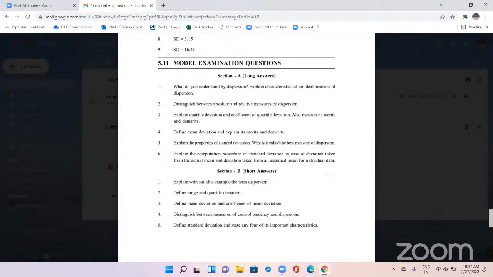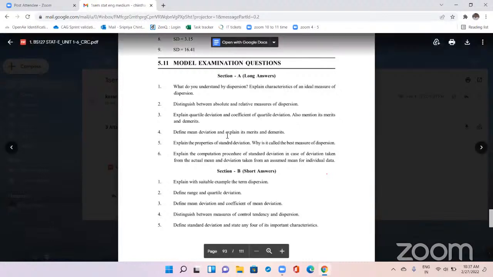Relative measures are applied when you have more than one series to compare; you need not calculate absolute measures, you should calculate relative measures of dispersion: coefficient of range, coefficient of quarter deviation, coefficient of mean deviation, coefficient of standard deviation. Also, explain quarter deviation and coefficient of quarter deviation, and mention their merits and demerits.